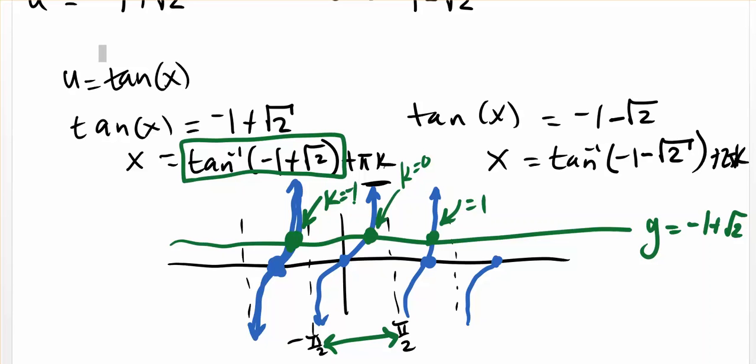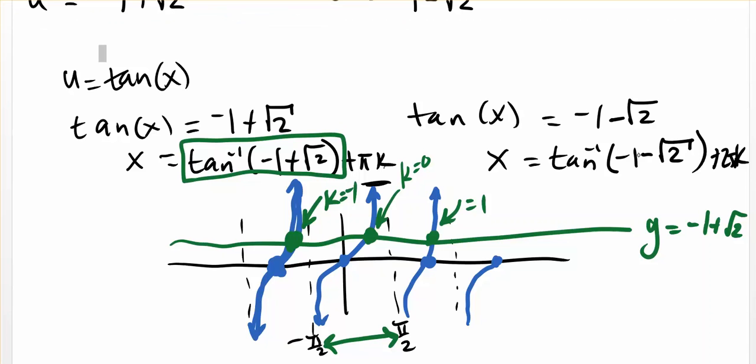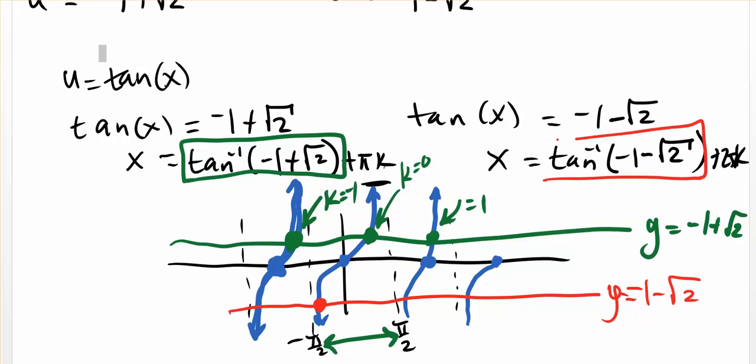Then we could draw another line where y is equal to negative 1 minus the square root of 2. In this case, we get our principal solution, the inverse tan of negative 1 minus the square root of 2, right here.